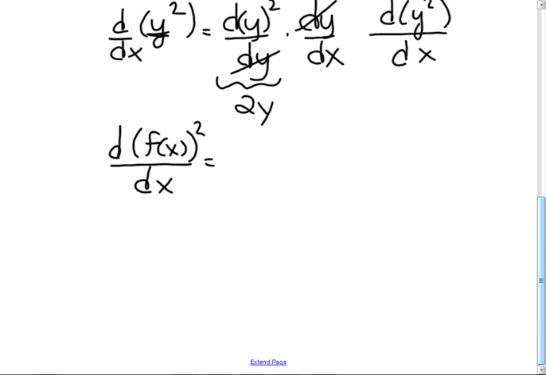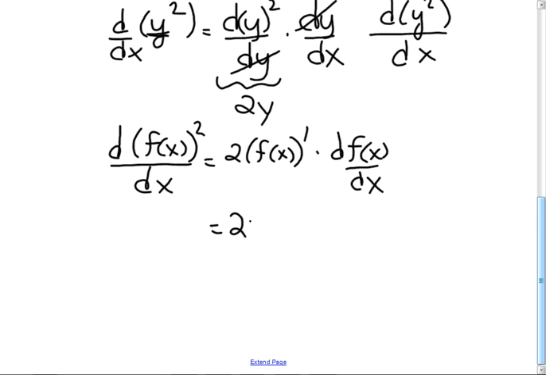You'd say, oh, well, first I have to do the outside function, the squaring function. So it's 2 times f of x to the first power times the derivative of the inside. Well, I'm going to change f of x back to y. So it's 2y times dy/dx.